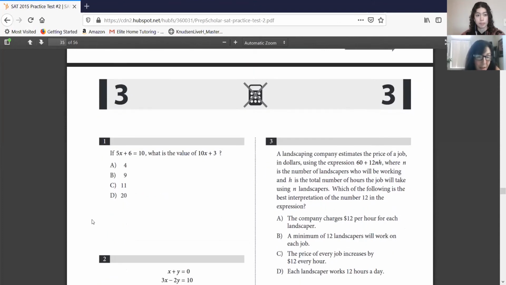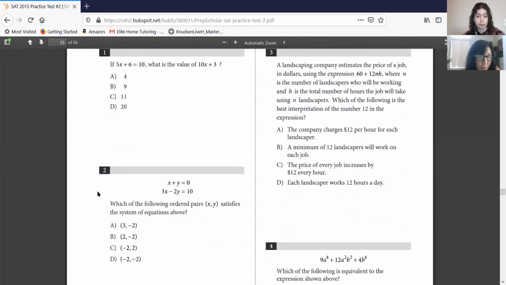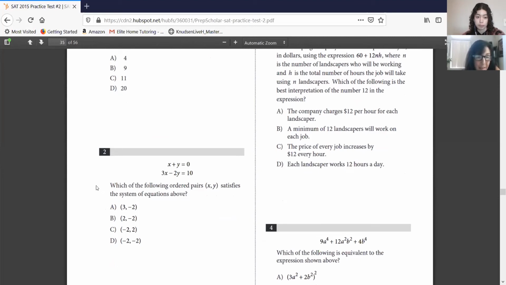Okay, the first one we're going to look at for a strategy of plugging in the answers is question number 2. It's a system of equations, and under normal circumstances in your math class, you would use substitution or elimination.